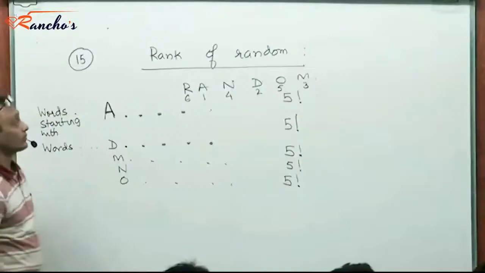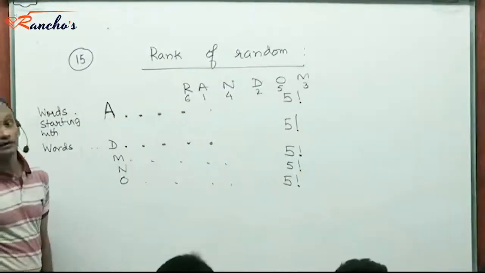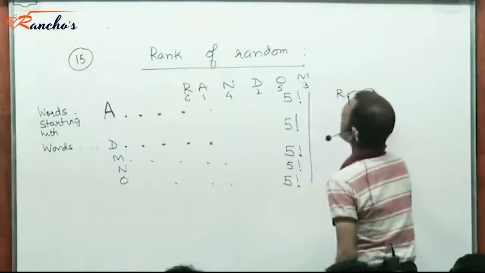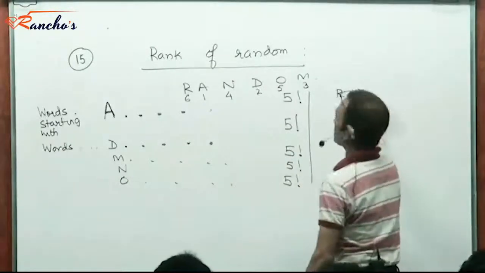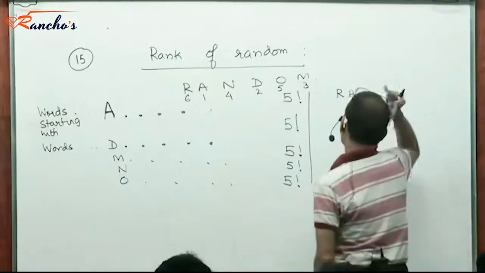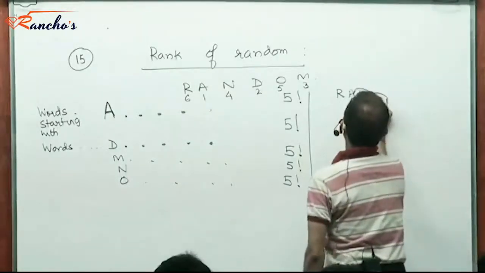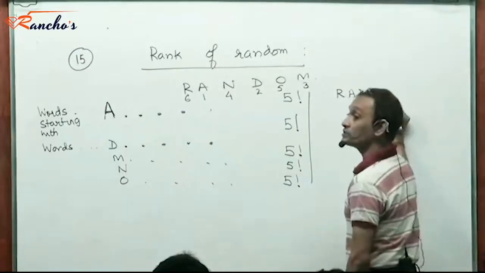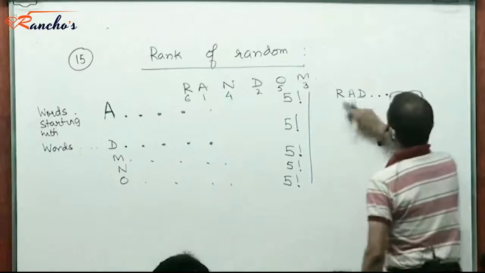Now, words starting with R. When they start with R, it starts with a RAD. Yes or no? It starts with a RAD. Do you realize that? That means if it starts with a RAD, then all words starting with RAD would be how many in numbers? 3 factorial, because RAD is fixed.